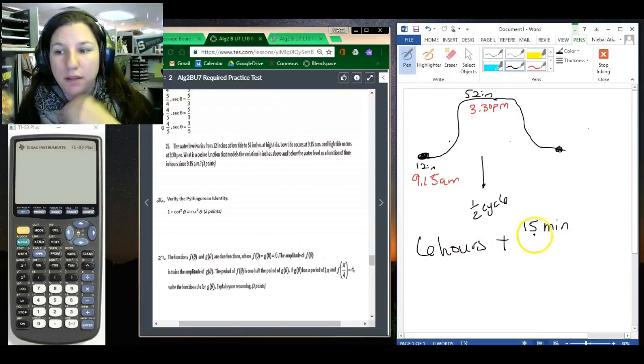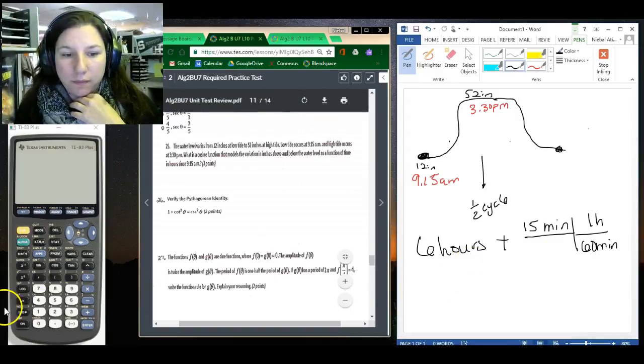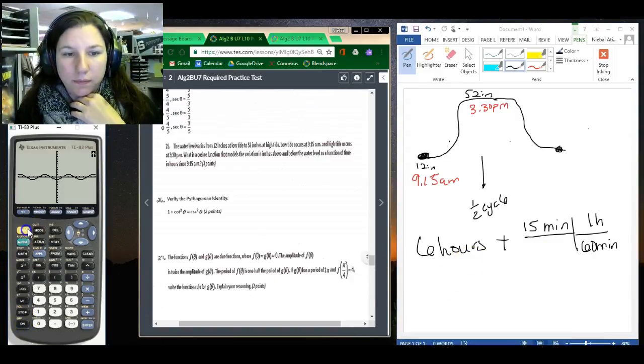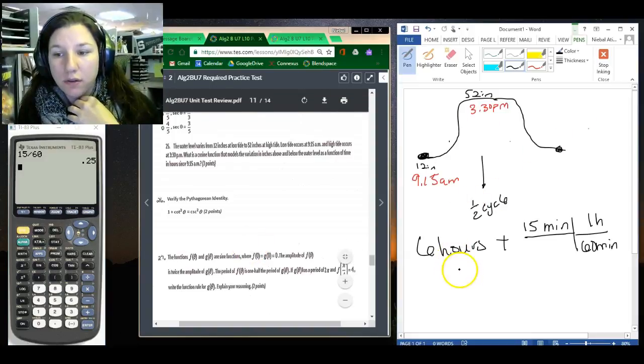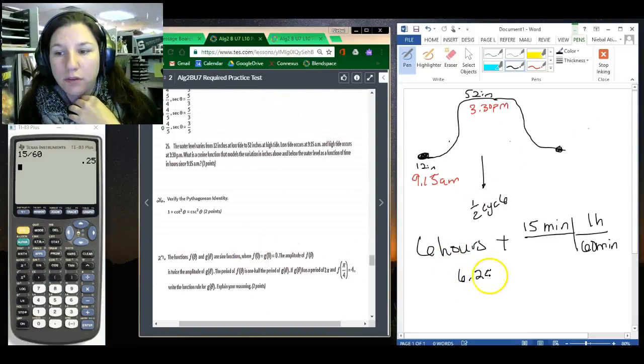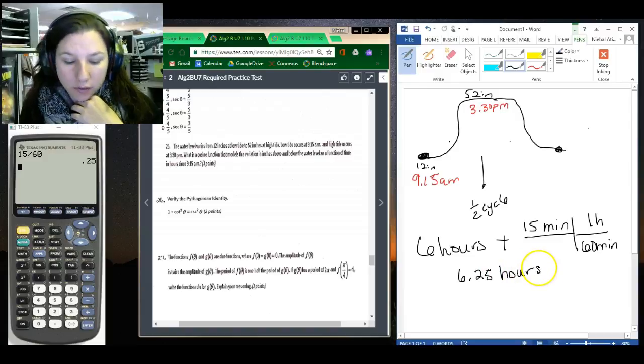I can't have hours and minutes here. So 15 minutes. We know there's 60 minutes in 1 hour. So if we do 15 divided by 60, we get 0.25. So half our cycle is 6.25 hours.